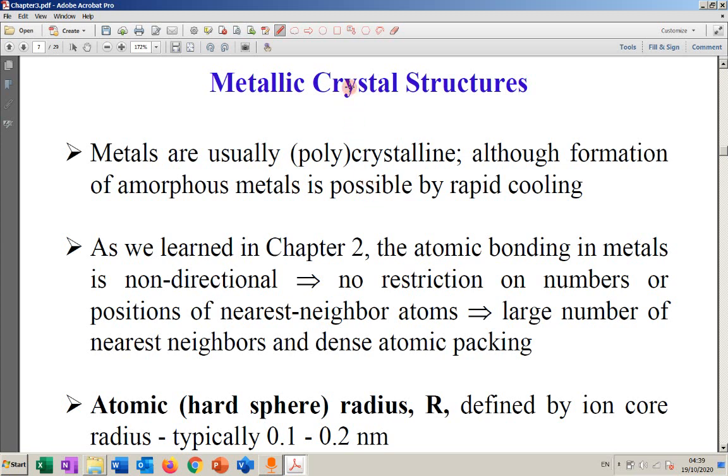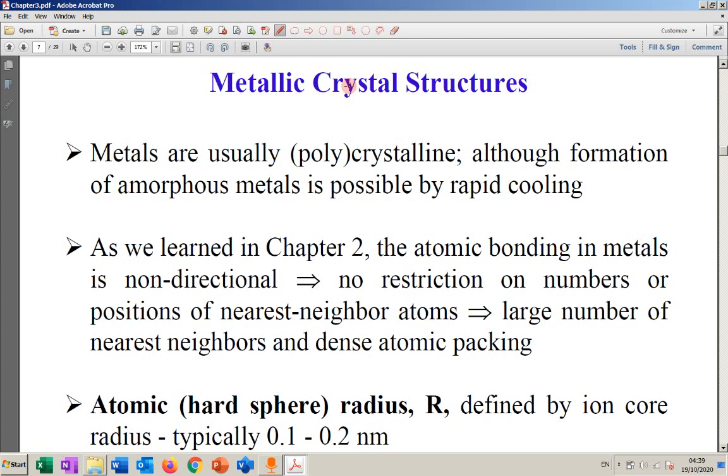Now, we said in this chapter we will deal with metallic crystal structure. Why metallic crystal structure? Because all metals mainly come as crystal, and their crystal structures are easy to understand, for the scope of this course.